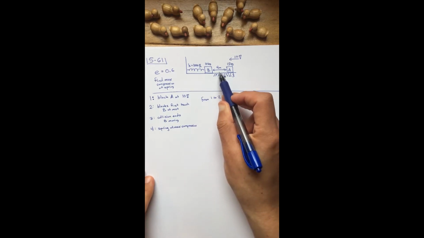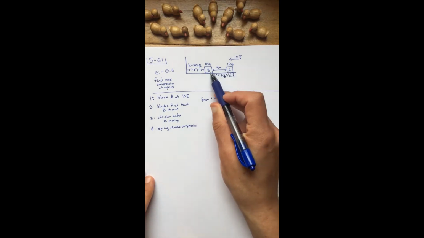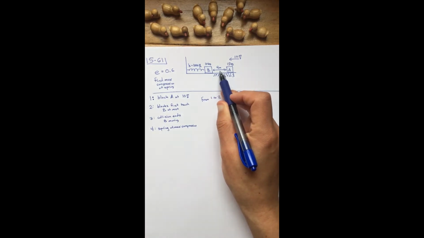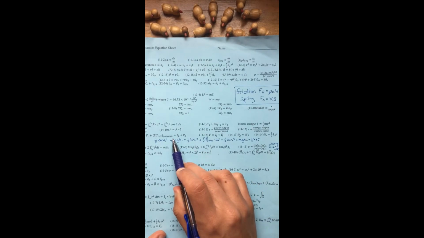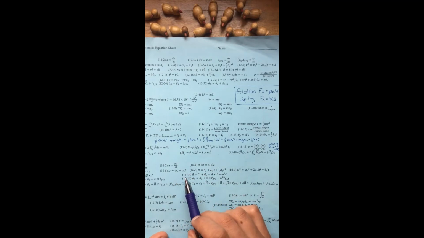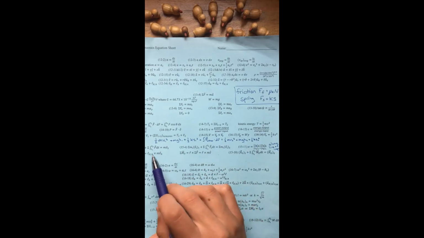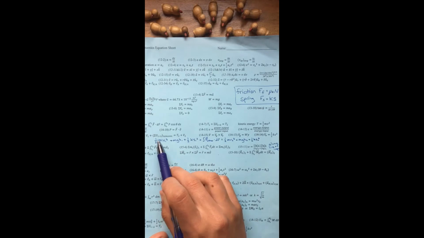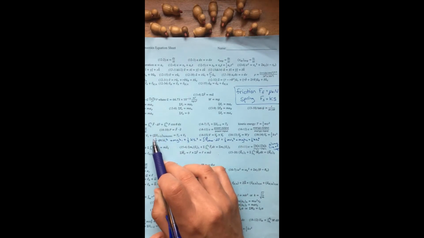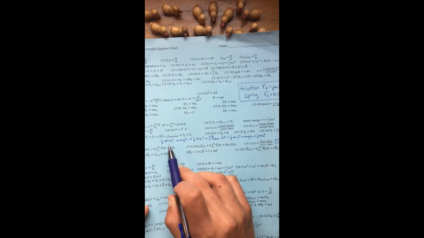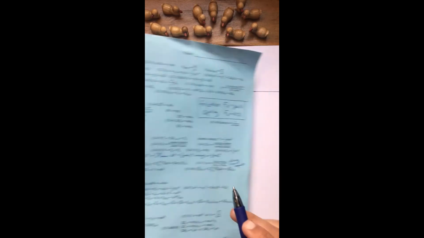Now, what they gave me was the distance between block A and block B. So if they're giving me a distance here, rather than using the impulse-momentum relationship, I'm going to use the work-energy relationship, because impulse has time in it, but work has distance in it. I don't know anything about the time, but I do know what the distance is. So I'm going to use the work-energy relationship.